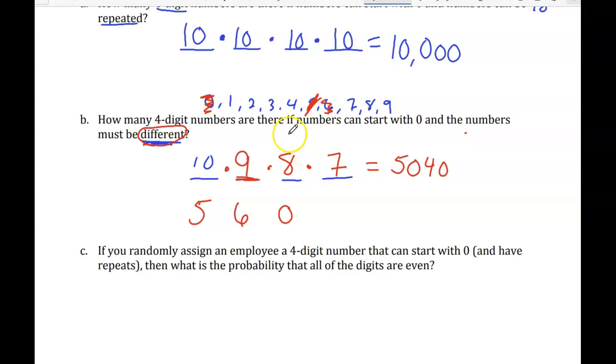So there's a huge difference as to whether numbers can be repeated or must be different. If they can be repeated, it's the same number of choices for each selection. If they must be different, I have to knock it down 1 for each of my slots.